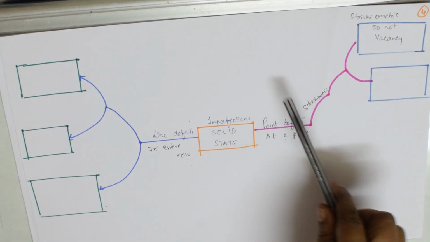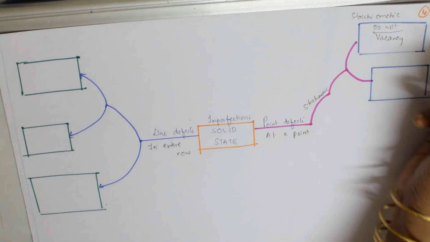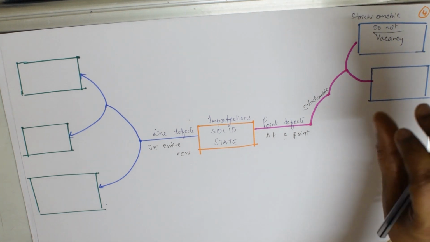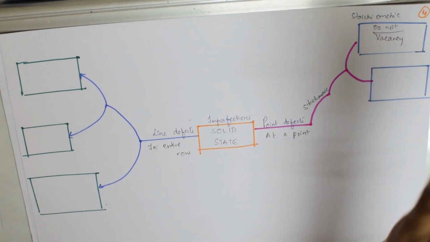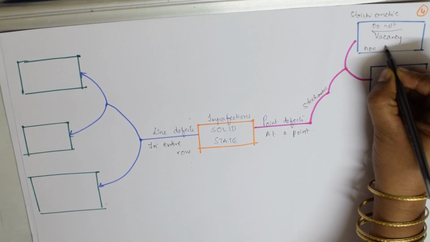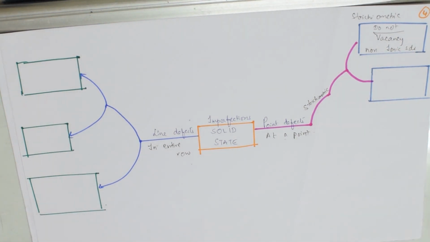Once again, if the stoichiometric ratio does not get disturbed, then it is called vacancy defect. So only the lattice sites will be vacant. In vacancy defect, when the lattice sites are vacant, where is it observed? It is observed in ionic solids. So only the vacancy will be created in the lattice sites.